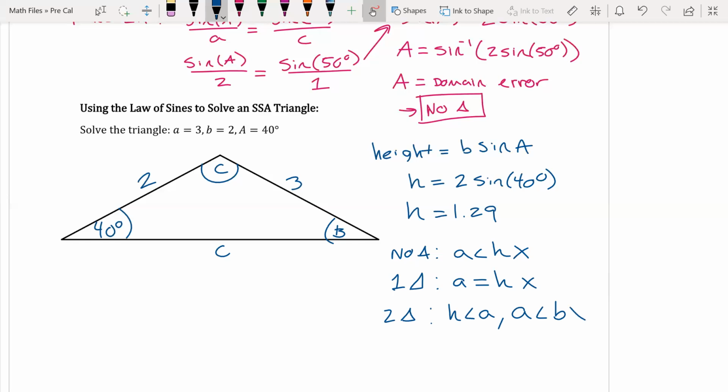No. Which brings us to our last case of just one triangle. And we get one triangle if A is greater than or equal to B. And in this case, is A greater than B? Yes. There you go. That's how we check our ambiguous cases.